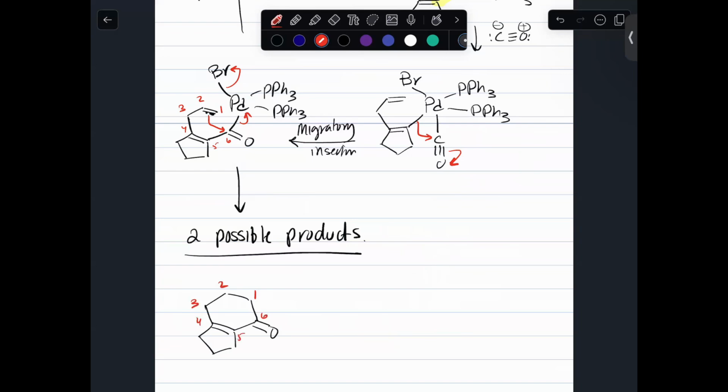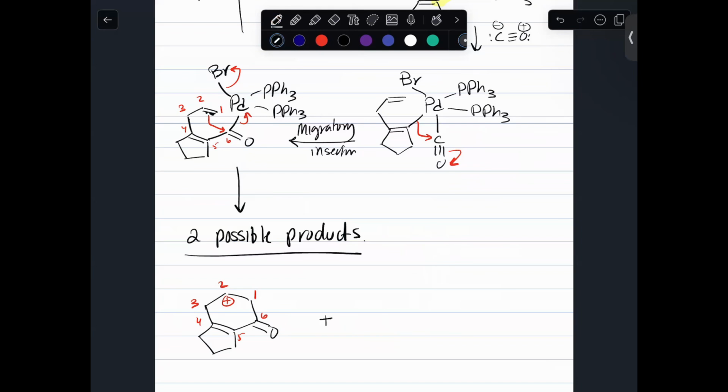Okay. Where carbon 1 is what's bonded to carbon 6, and my positive charge is at carbon 2. Right? Or, so notice how carbon 1 was the nucleophilic carbon.